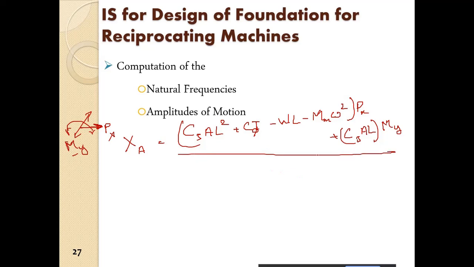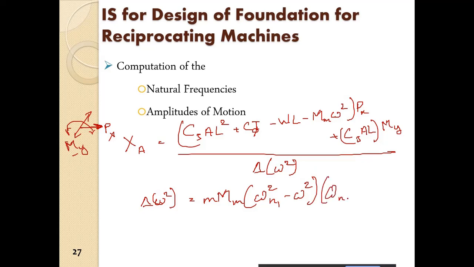So divided by, we define a term delta omega square. And what is delta omega square? So delta omega square is mass into mass moment of inertia into omega n1 minus operating frequency of the system into omega n2 minus operating frequency of the system.